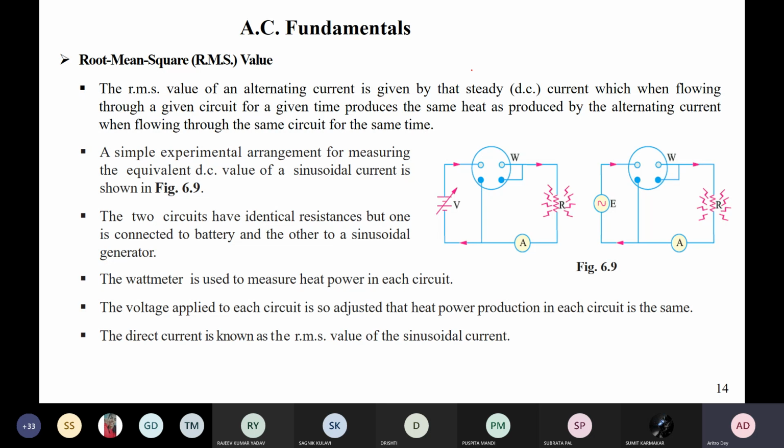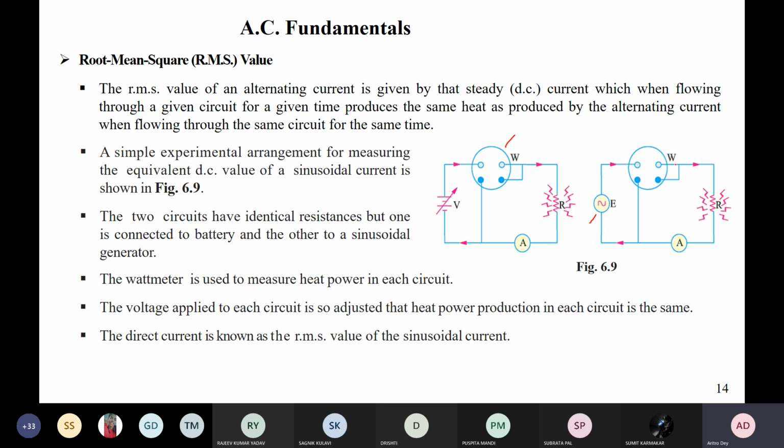We have two circuits and one wattmeter. First we have the AC source connected through a resistor, and we observe the heating effect of the resistor, which is 0.24 I square R T, where R is the resistance, I is the current through it, and T is the time taken. If we divide by time, we get the power consumption through the wattmeter.